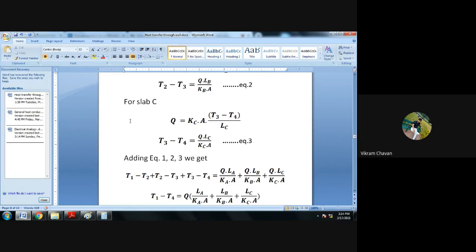In the next step, we have to rearrange this equation in the form of a temperature difference.